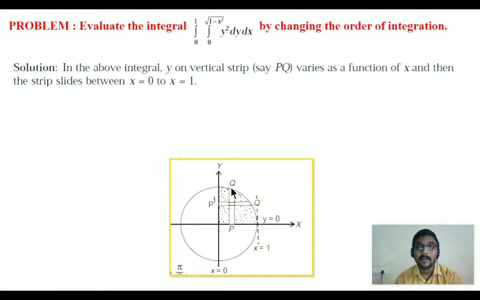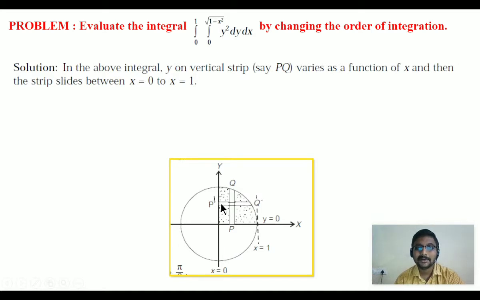But we have to change the order. Change of order of integration requires changing the limits also. For this, we have to draw the rough sketch of the region and change the limits accordingly. For this, we have to consider a new strip, that is P dash Q dash, the new strip.